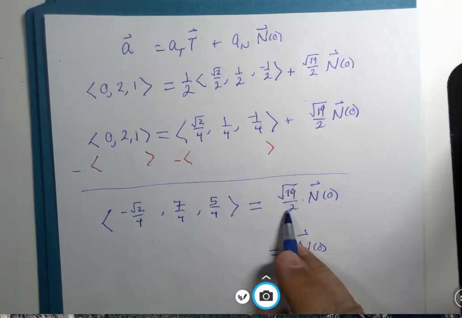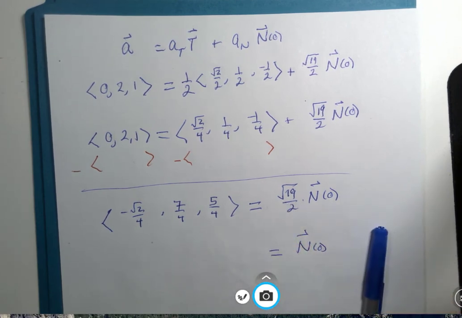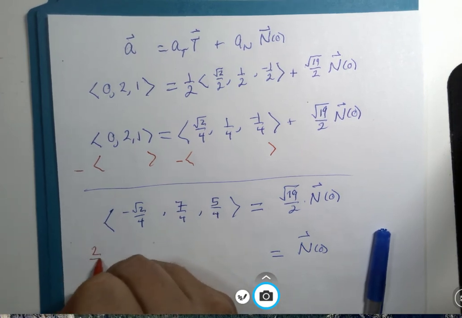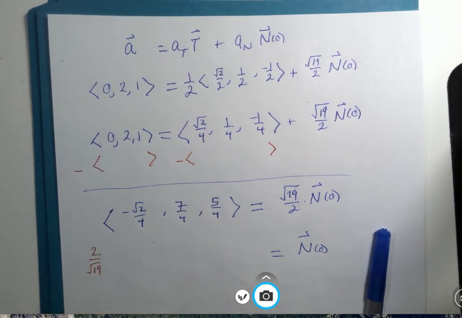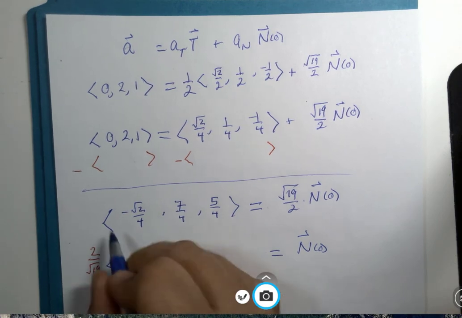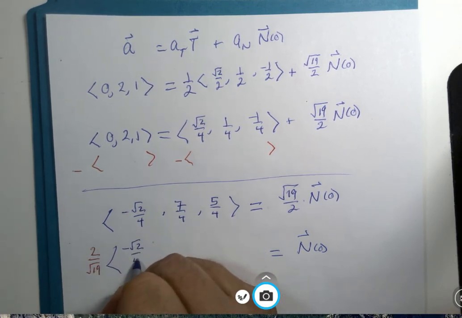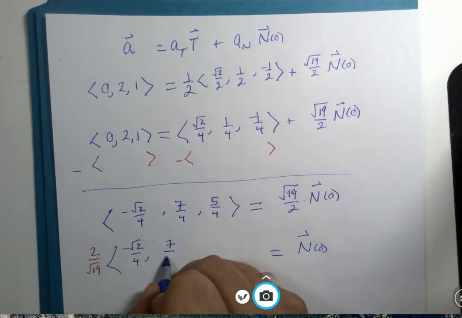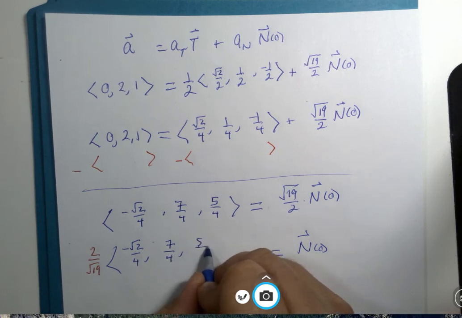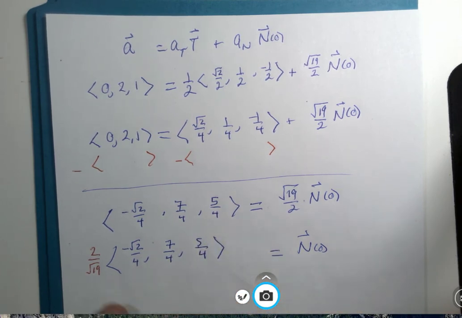Instead of dividing by root 19 over 2, I'm going to write it as a multiplication: 2 over root 19 times root 2 over 4, 7 over 4, and 5 over 4. And when you multiply through this scalar, the 2's are going to reduce with the 4's.